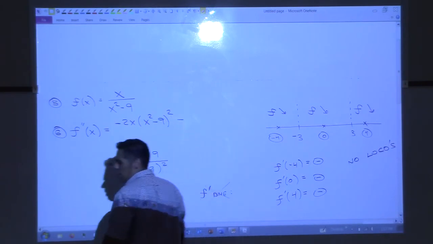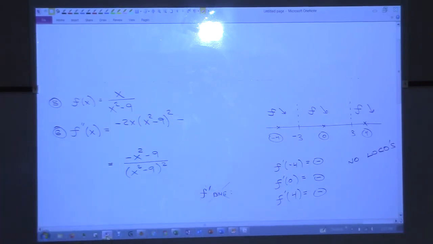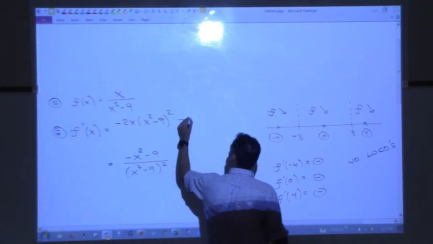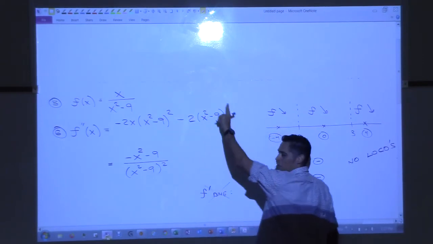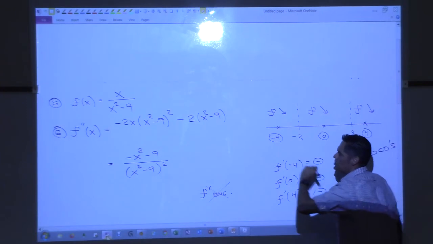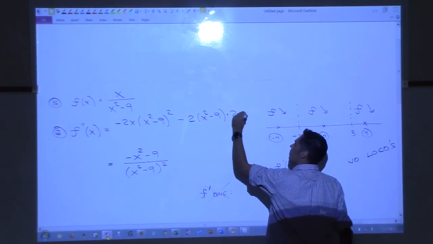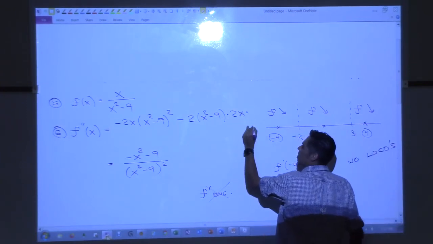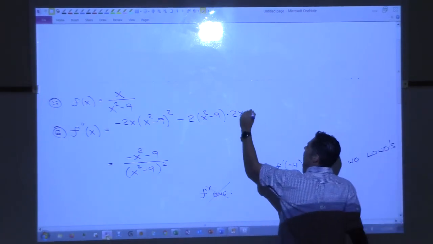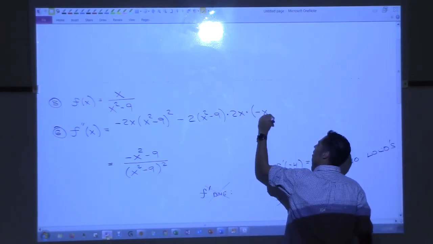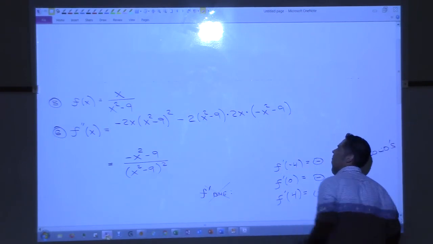Minus, okay, now be real careful on the bottom here. The derivative of the bottom is going to require what? Chain rule, right? So derivative of this is 2 times x squared minus 9 to the first power, times 2x, times that whole ugly thing, which is negative x squared minus 9.